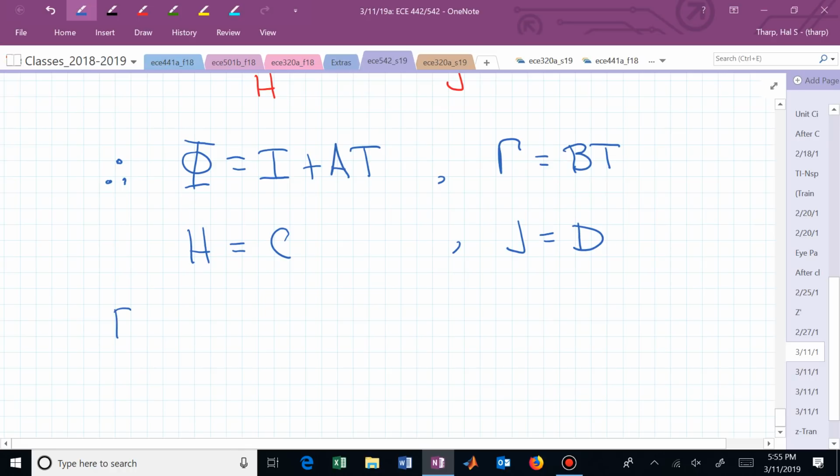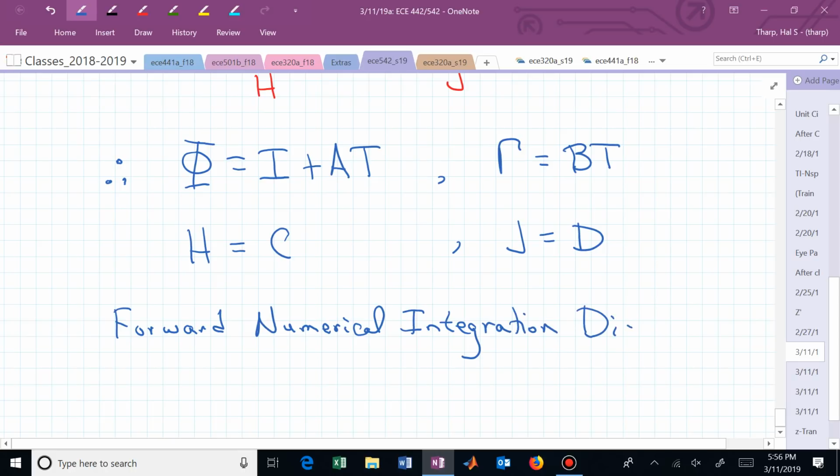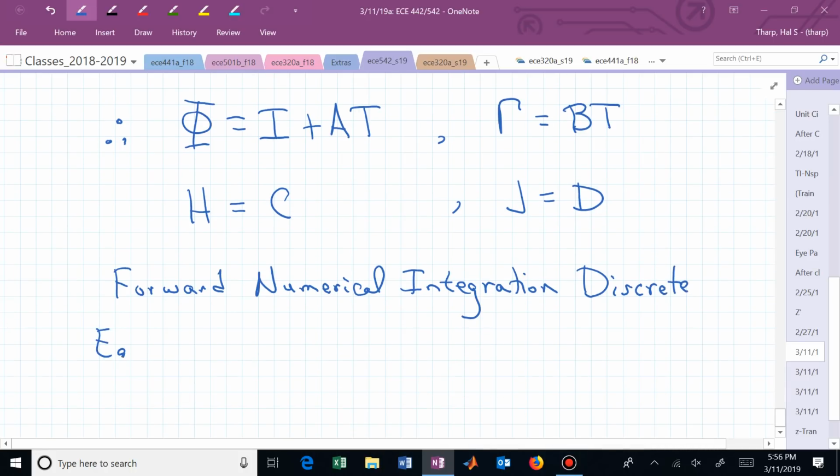This is now the forward numerical integration discrete equivalent state space representation.